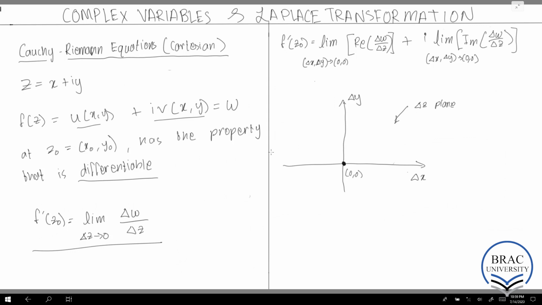Remember the notion of neighborhood: our limit must converge to this point using any kind of pathway that it wants. So hopefully you understand this part. Taking a limit where delta z tends to 0 is the same as taking the limit of delta x, delta y to 0, 0 here and here. So moving on.